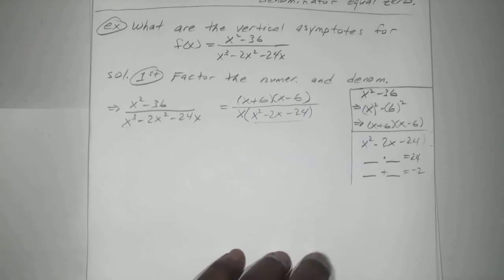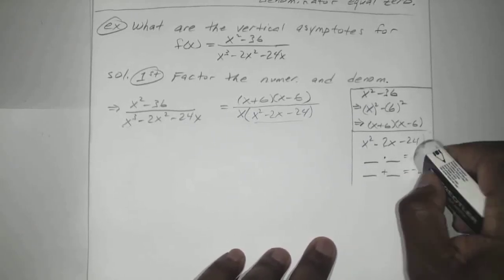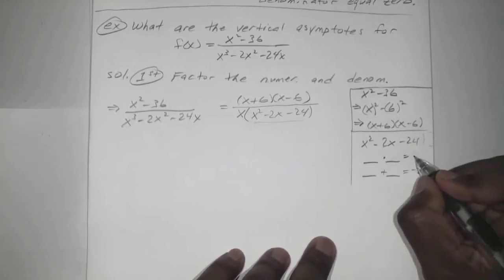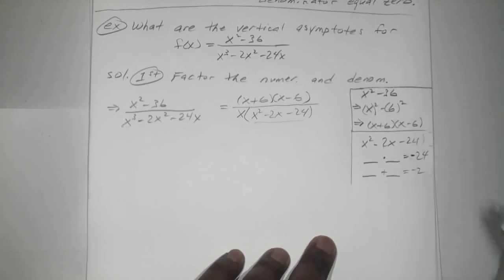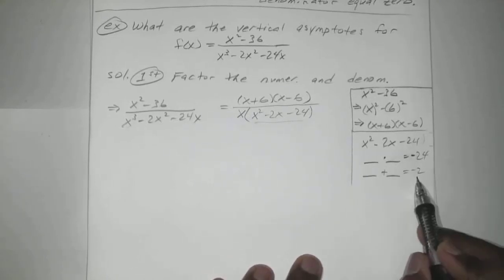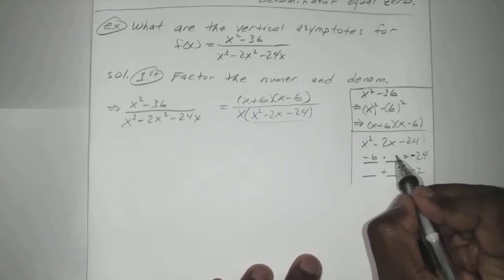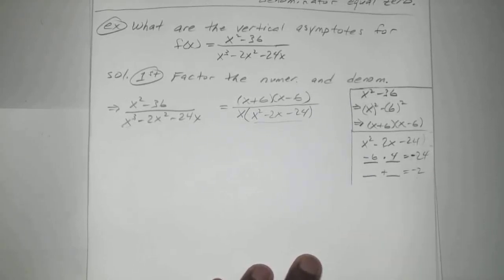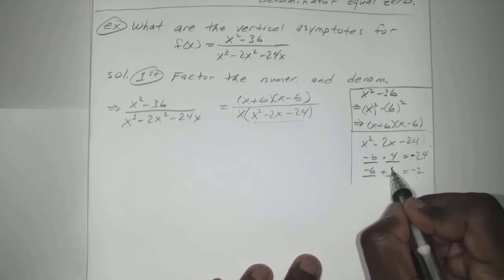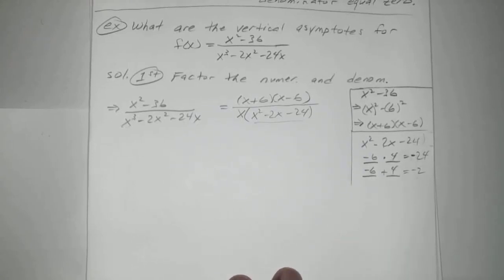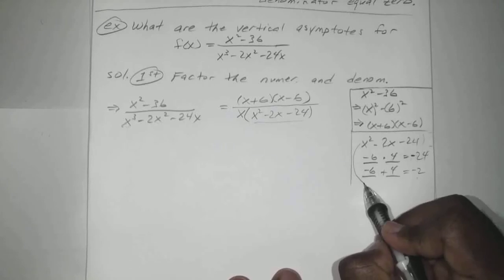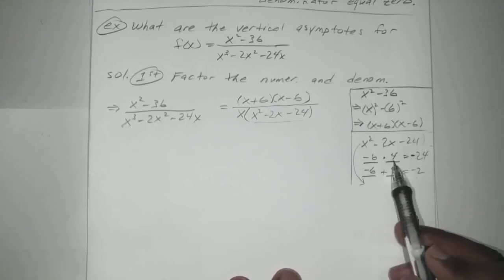Oh, that should be negative 24, sorry about that. Our largest number would have to be negative, so negative 6. Negative 6 times 4 is negative 24, and negative 6 plus 4 is negative 2. So this factors to x minus 6, x plus 4.